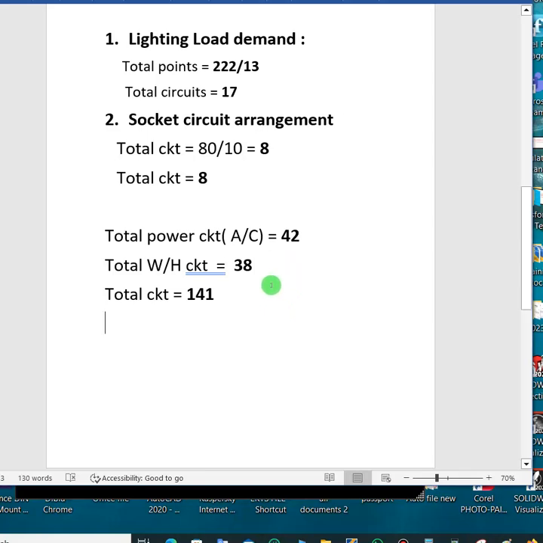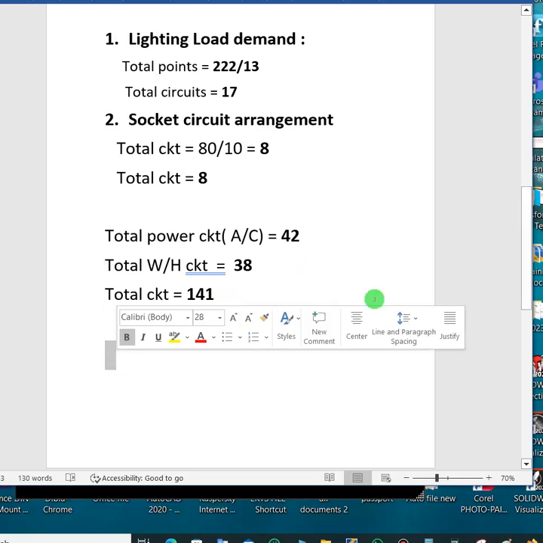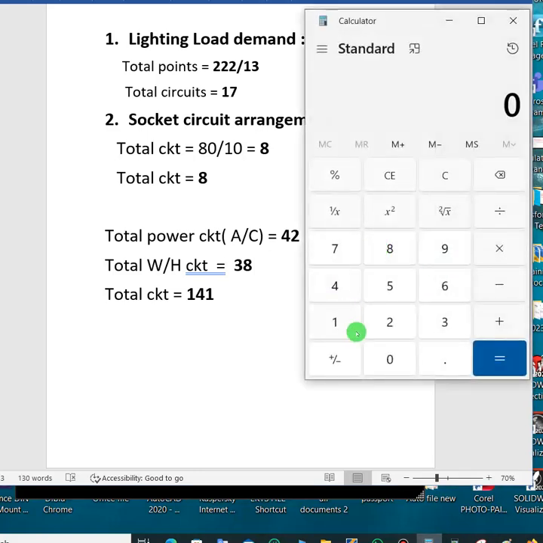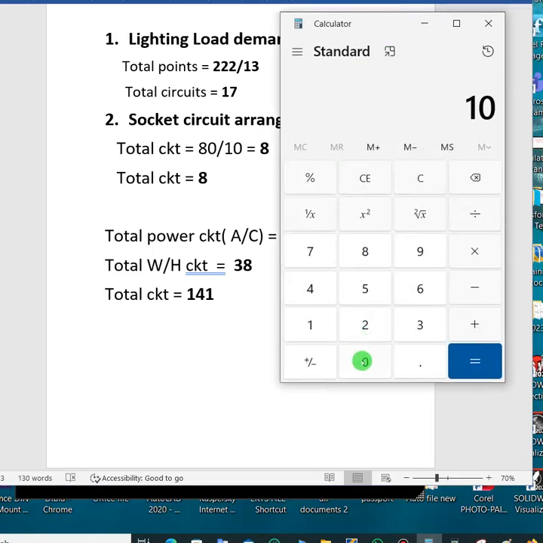So how are you going to allocate the 6 spare breakers? Remember our calculation for the lighting point. Let's just repeat the calculation for the lighting circuit. We have 100 watts.